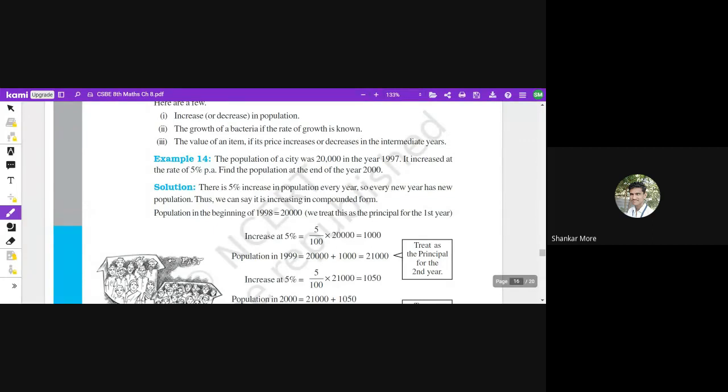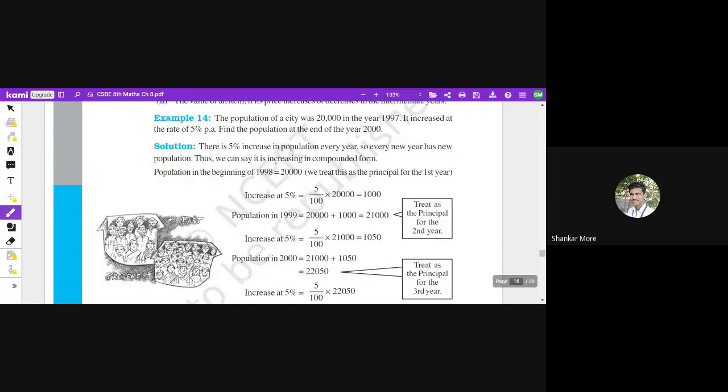So that will be the principal amount for 1998, right? उस principal amount पे 5% बढ़ेगी, which will be principal amount for 1999. And again on that number there will be 5% increase. तो यहाँ पे compound interest का formula हमें use करना पड़ेगा.